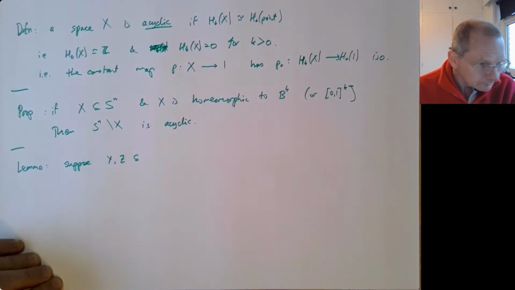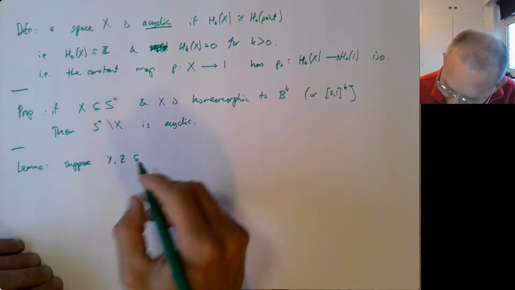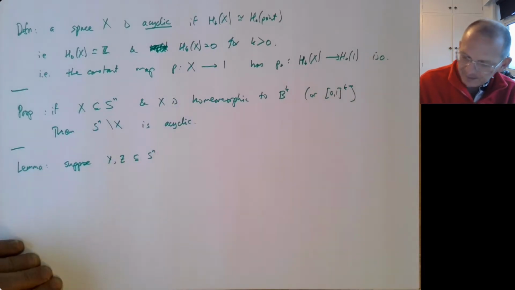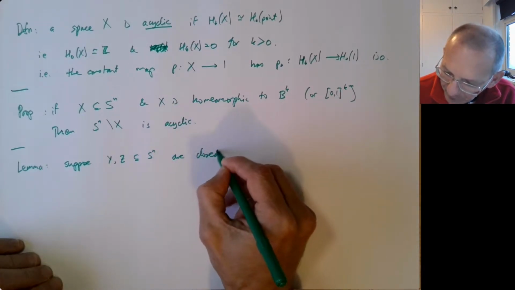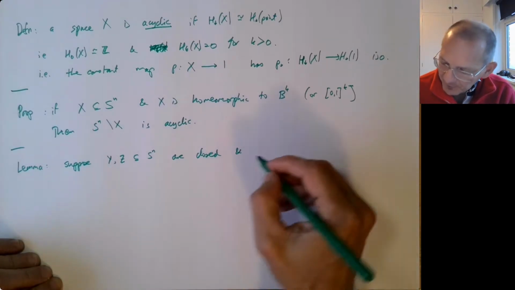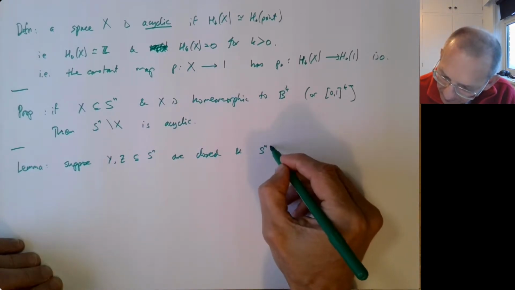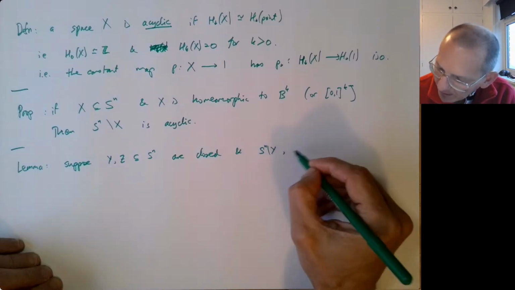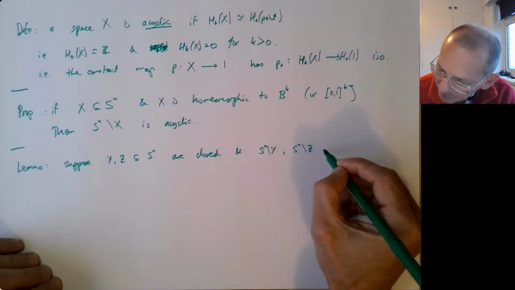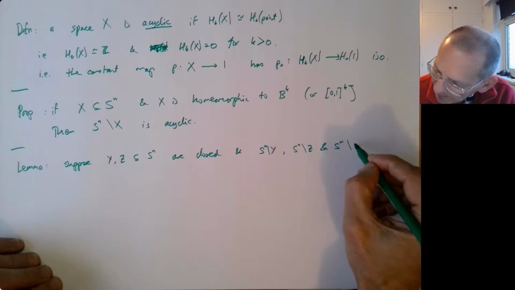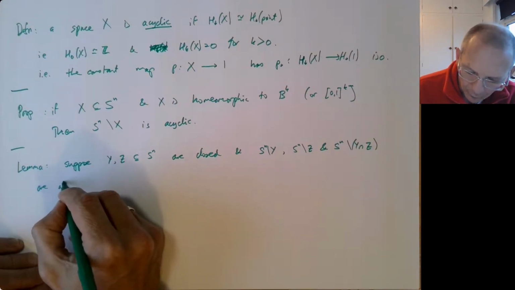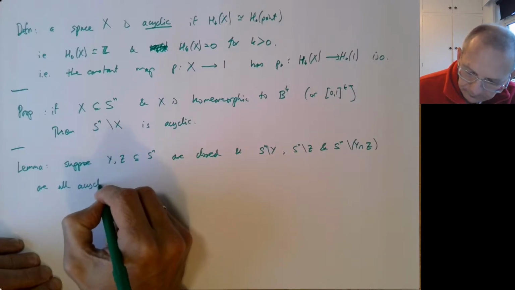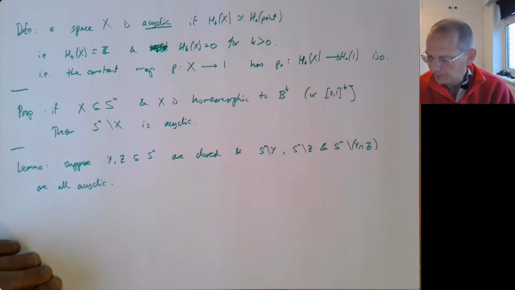So suppose we've got two subspaces, Y and Z in S^n, and let's suppose they're closed, and I'm going to suppose that S^n less Y, S^n less Z, and S^n less Y intersect Z, these three complements, are all acyclic.